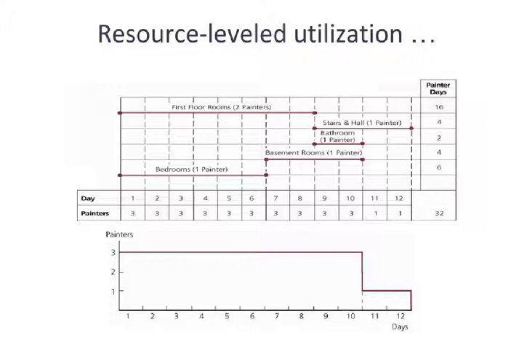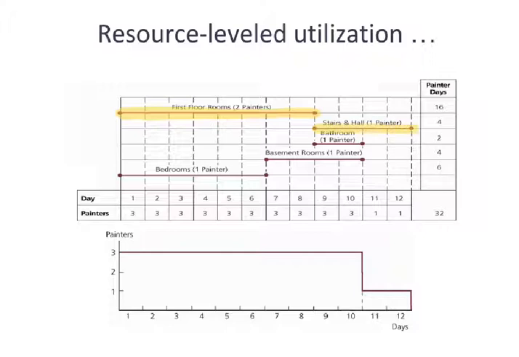But in this case, if you'll recall from the prior slide, we have two items that have zero slack. And I'll go ahead and mark those for you. Let me make this a bit larger so that it shows up. We have this guy right here, first floor rooms, and we have this guy right here, painting of the stairs and hall.